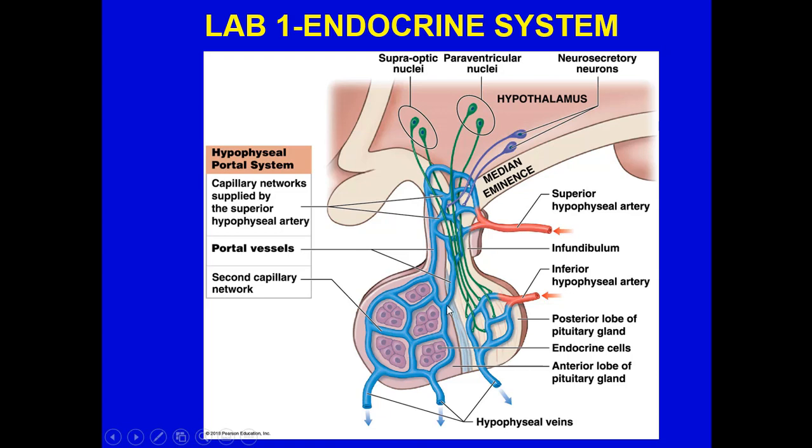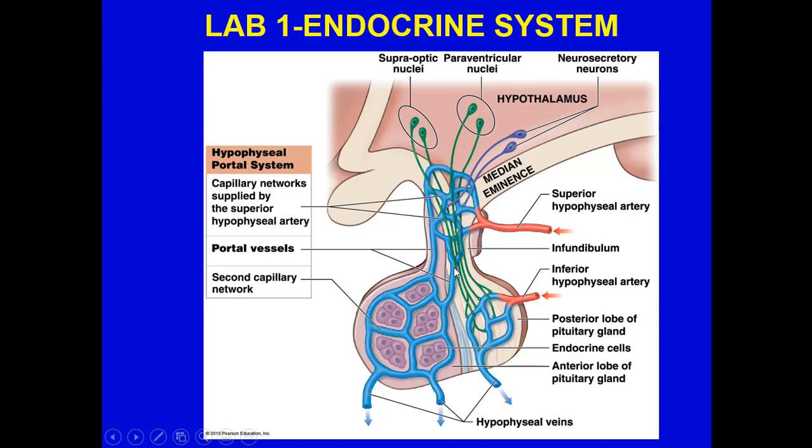Here we see more of the hypophyseal portal system. Notice that you've got an inferior hypophyseal artery here that has a small capillary bed which receives oxytocin and antidiuretic hormone and takes it away by the hypophyseal veins. But then you've got the much more important one right here, the superior hypophyseal artery, which first off has a capillary bed right around here where the neural secretory neurons from the hypothalamus discharge the releasing hormones into the blood.